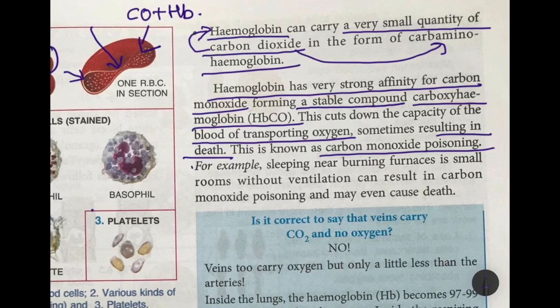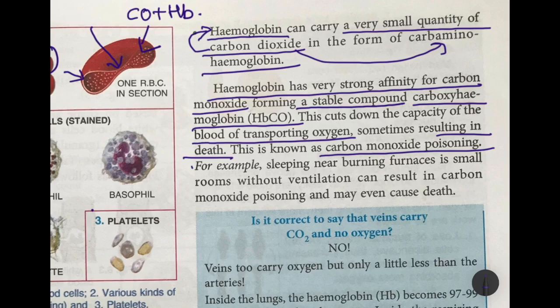Sometimes they have a fire going on of coal, and then later in the morning they were found dead. So that is due to carbon monoxide poisoning. Why? Because the coal gives out carbon monoxide, and if the room is not well ventilated, what will happen?